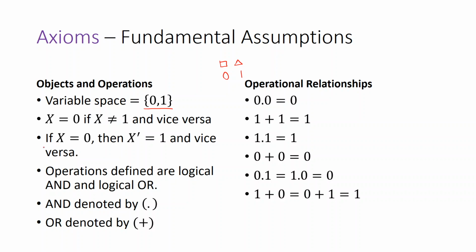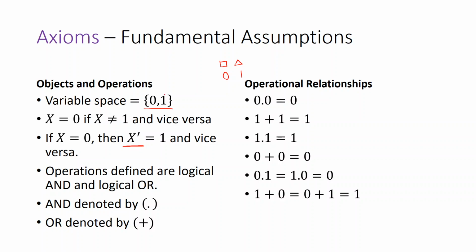Now the next relationship is like this. If x is 0, then something called the x complement is defined. This is the x complement, written as x dashed, and x dashed is 1, and vice versa. We have an understanding of complements coming from the number systems, and here also you can see that the complement is almost the same.